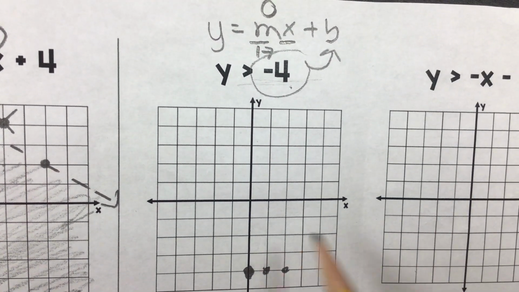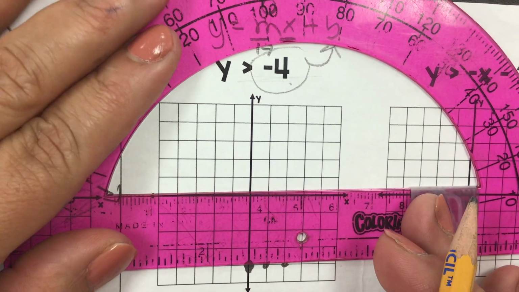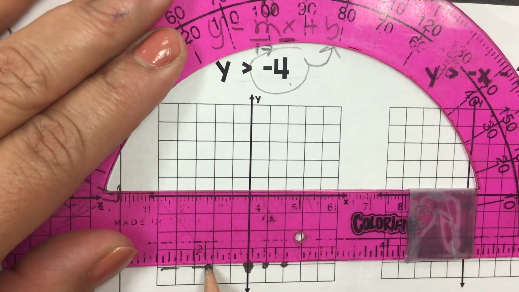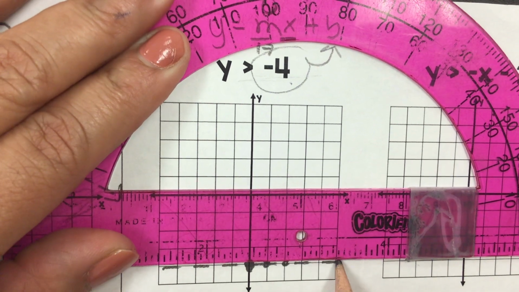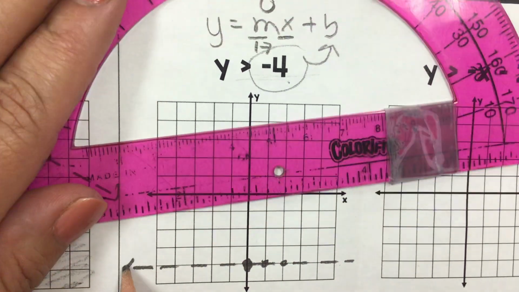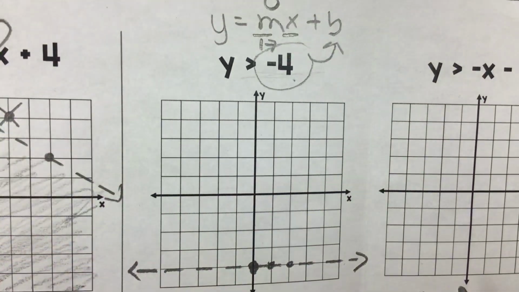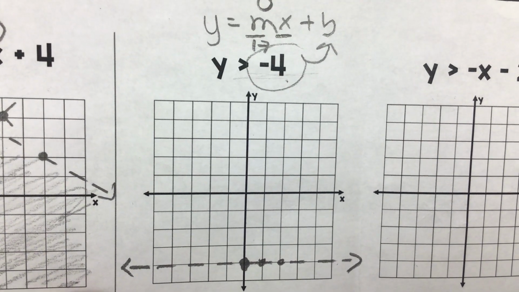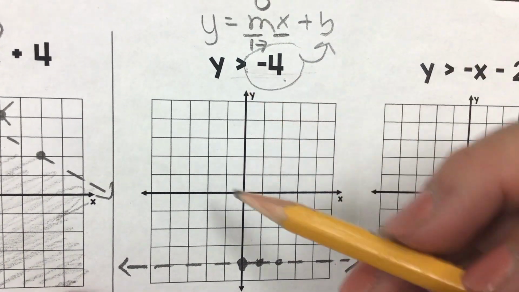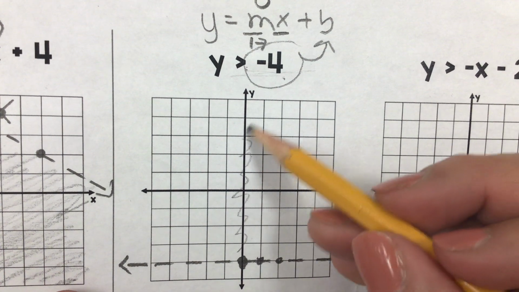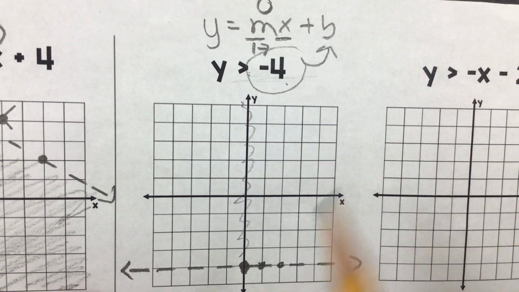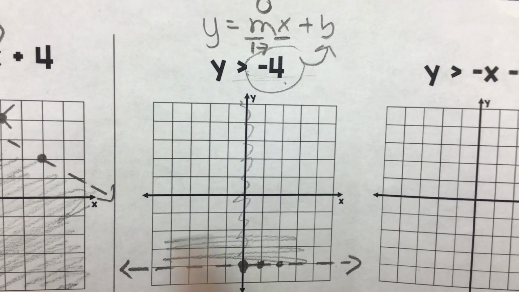This is a dashed line. The reason that it's a dashed line is because there's no line underneath that inequality. That means that this line is not part of the solution. It says greater than, so anything above the line is what's supposed to be shaded. That gives us this whole area right here.